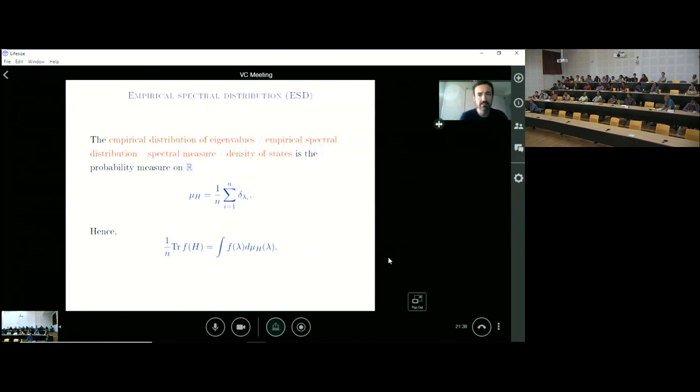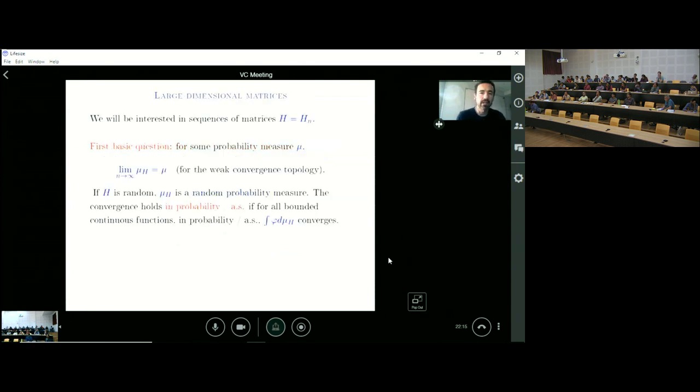It has many names: ESD, empirical spectral distribution, spectral measure, density of states, and so on. This is just an empirical measure of the eigenvalues, as its name suggests. Connecting to traces, from the spectral theorem, if you take the trace of f of H, you retrieve nothing else than the integral of f against your empirical distribution of eigenvalues.